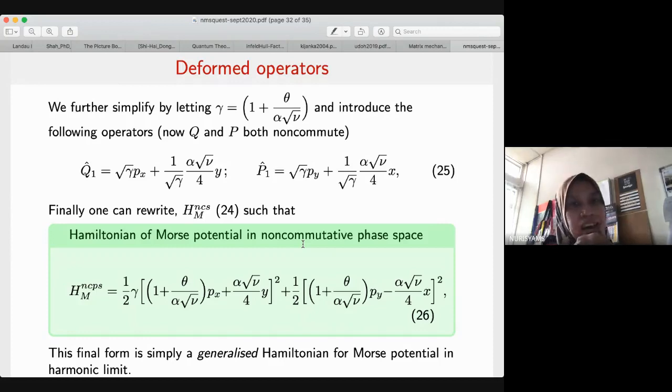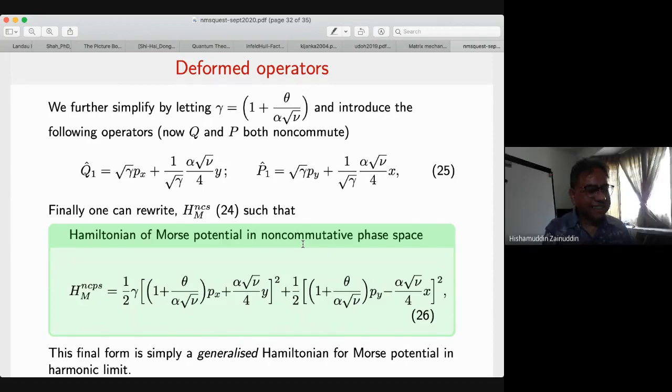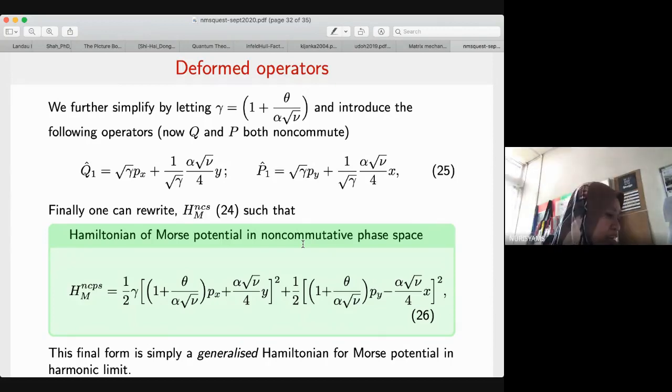We did this earlier with the harmonic oscillator, in my PhD thesis. But we never discussed transforming 4D phase space to 2D phase space. So that's why I tried it on Morse in the harmonic limit.